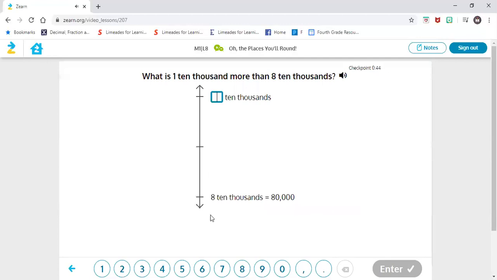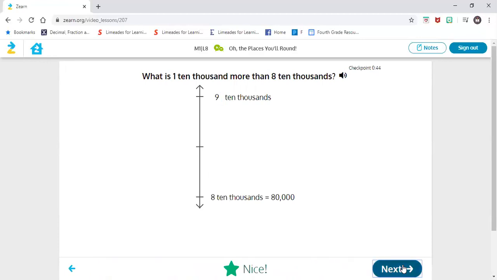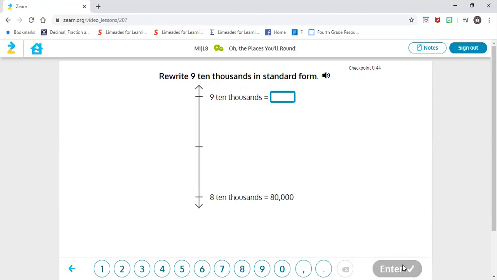So again, I'm going to look at my lower number in my 10,000s place, and I'm just going to add 1 to my 10,000s place. And 8 plus 1 is 9. So I have 9 10,000s. Then I'm going to write it in standard form.